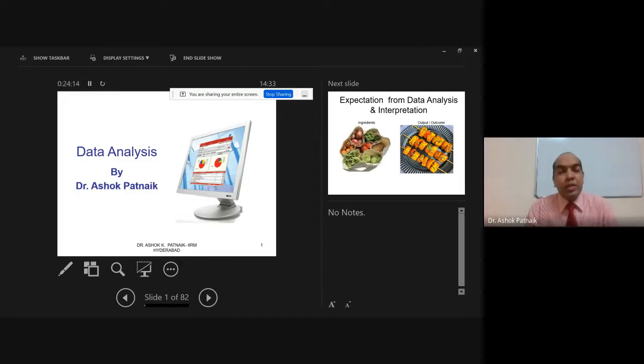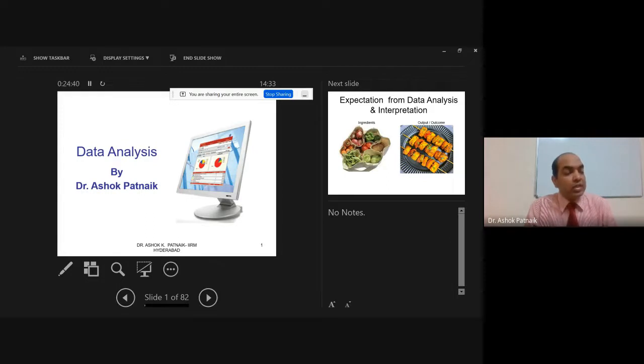And at the end, I'll try to give you a mantra, we can say, or a formula which will help you to find out the adequate statistical tool which you can use for your research. All the questions you can reserve till the end of the session so that we can progress. But unless it is bothering you so much, then you can ask me, and I'll try to clarify it.